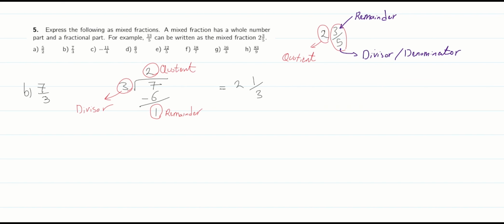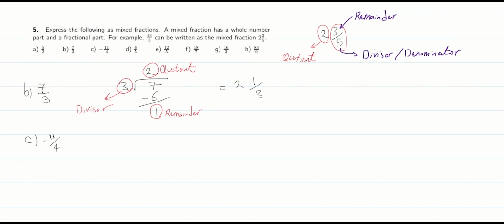Now let's say that we want to solve C, which is minus 11 over 4. The first thing that we have to do is we have to work with 11 over 4 and we just ignore the negative sign in here. Then we can actually bring it back at the end of the calculations.